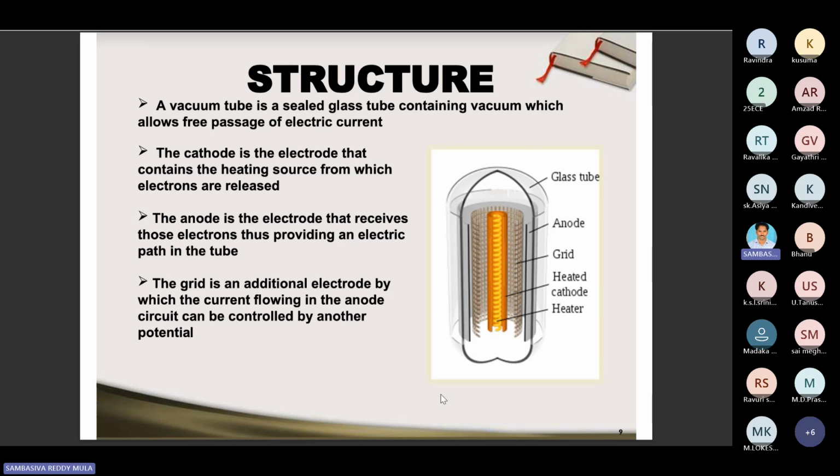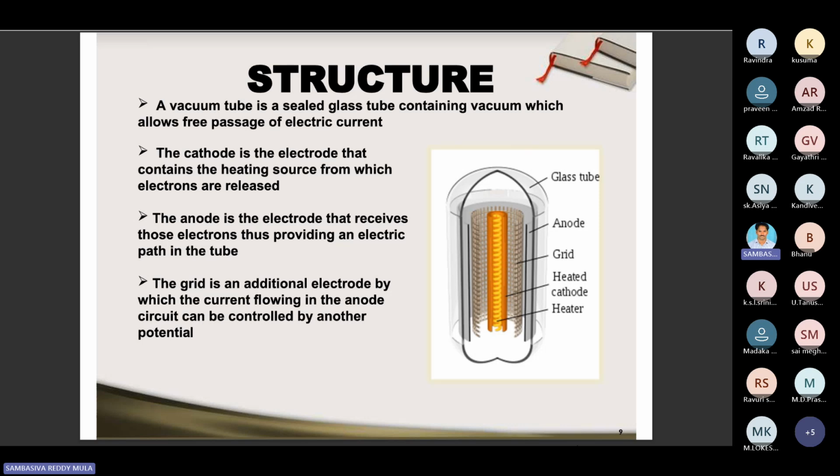If you immerse that water heater into water, the water will be heated. Likewise, the middle layer generates the heat. Around that there will be an electrode, meaning the material which contains the electrons. These electrons have sufficient energy to break the covalent bonds and move in an arbitrary fashion.